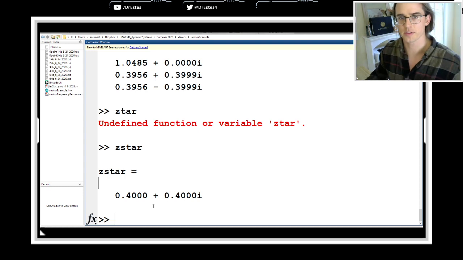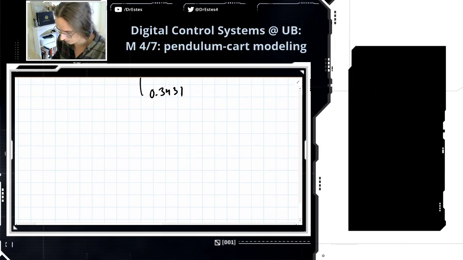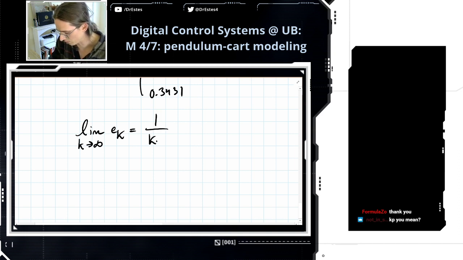Oh yeah, how do we graphically find Kv? Okay, what you need to know is the definition of Kv. If you provide a unit ramp reference to your system, then the error as k goes to infinity of e_k is equal to 1 over Kv.